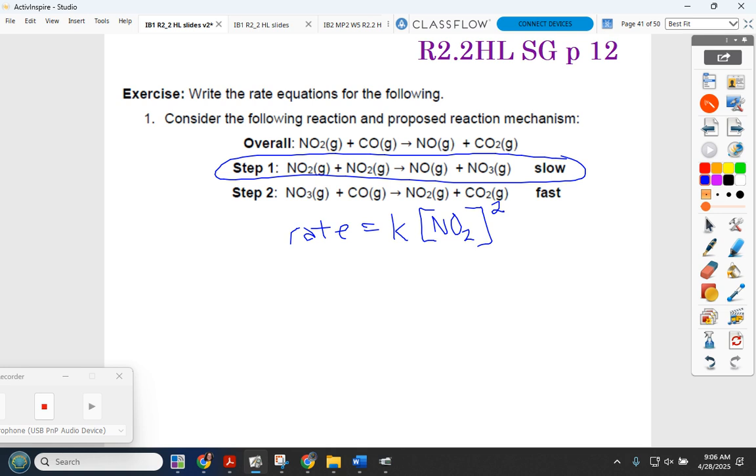That's something we can do to not prove that this is correct, but at least prove that it is possible or prove that it is incorrect, okay? So that's what we're going to get into next: how we can take our theoretical understanding of how rate equations work with respect to our reaction mechanisms and pull in experimental data, okay?